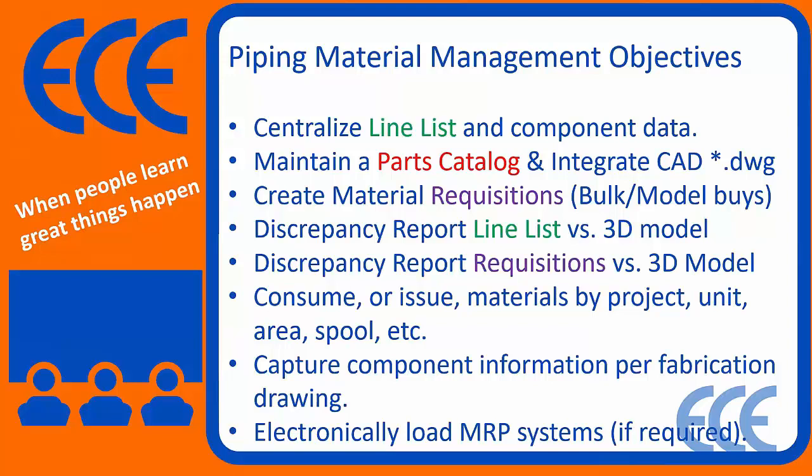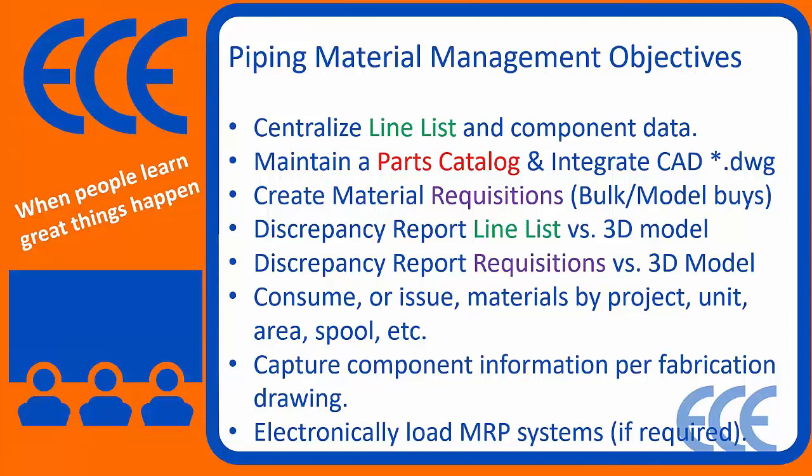We want to be able to create material requisitions, so doing some purchasing, either doing a bulk purchase off your parts catalog or purchasing directly off of the model. We want to be able to do both, basically. And then do some discrepancy reporting.